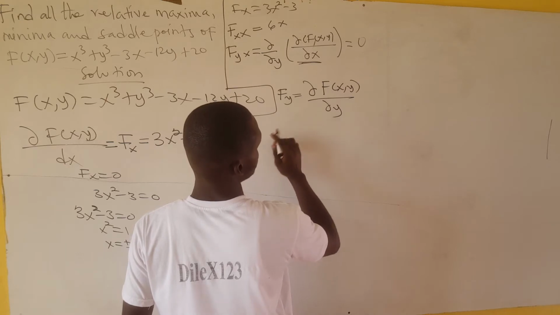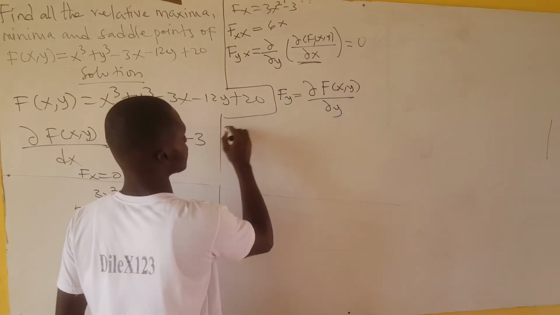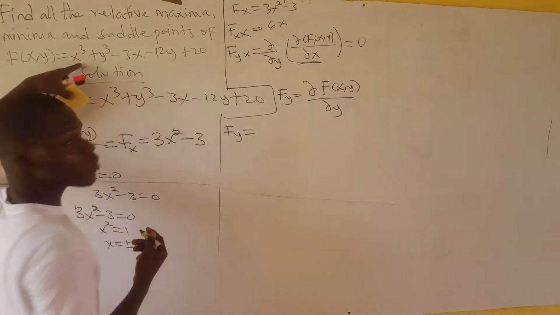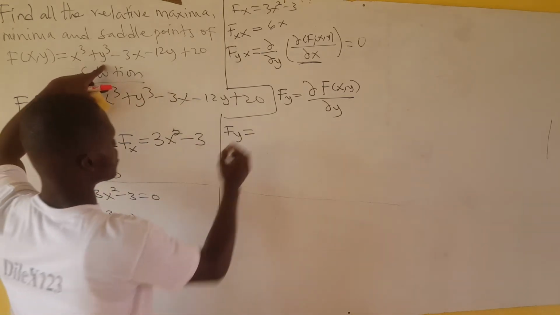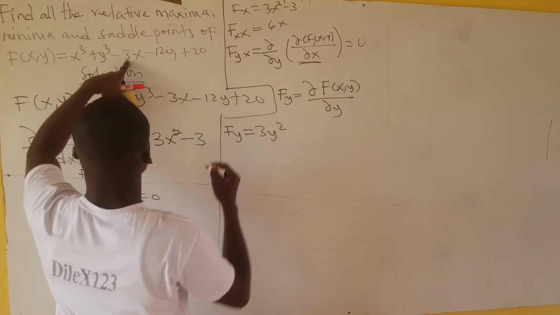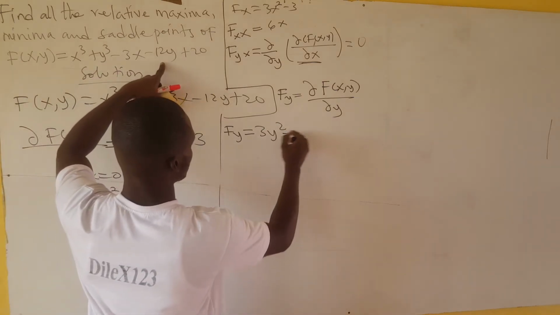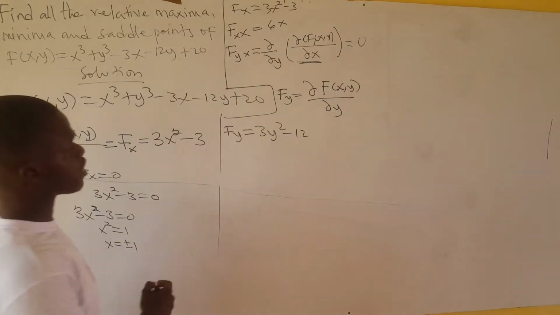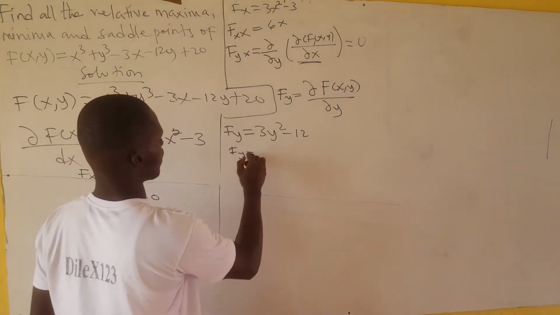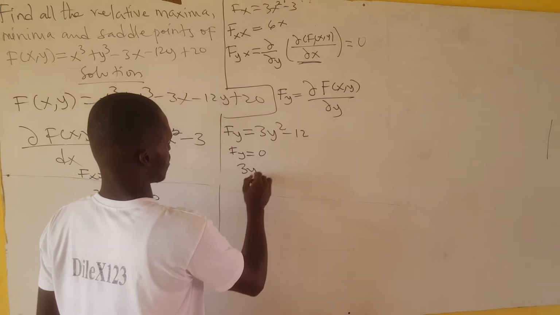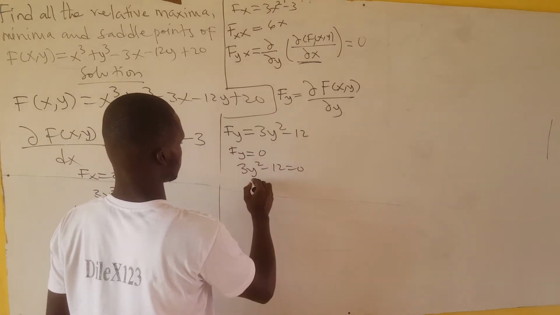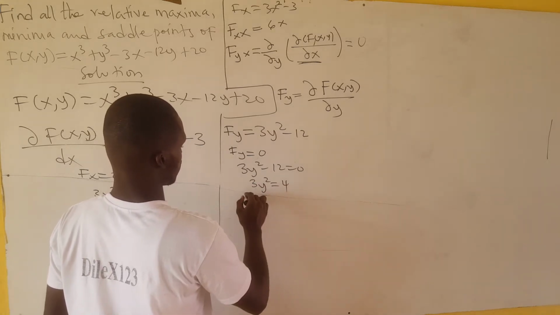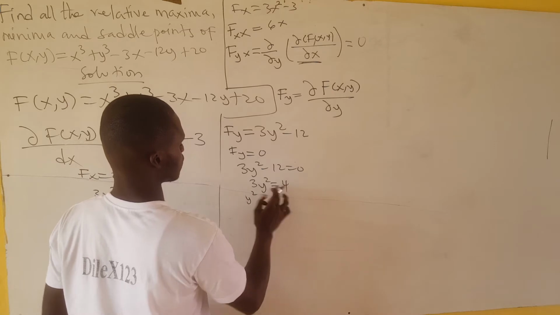And the answer we are going to get for this, let me write that here. So fy, differentiating this with respect to y, x cubed will be 0 since it is a constant. This will give us 3y squared. This will be negative 12 plus 0 because differentiating a constant gives 0. Now we put fy to 0, meaning 3y squared minus 12 equals 0. 3y squared will be equal to 12.